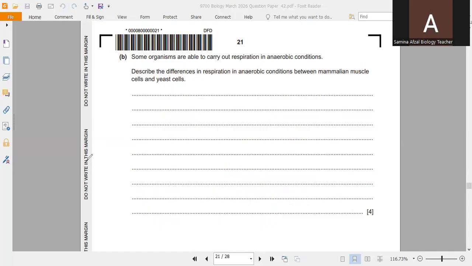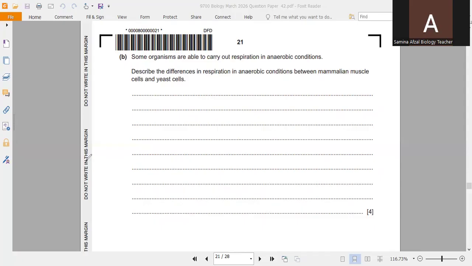So here you can see that we have to describe the differences in anaerobic respiration between mammalian muscle and yeast. In mammalian cells, the end product is lactate or lactic acid, whereas in yeast cells, the end product is carbon dioxide and ethanol.